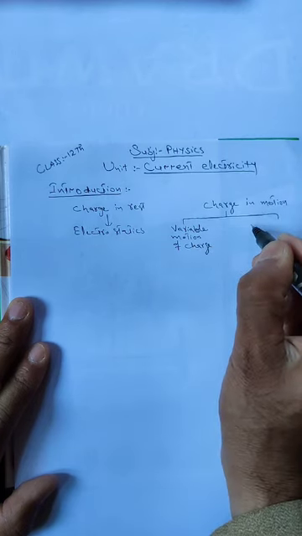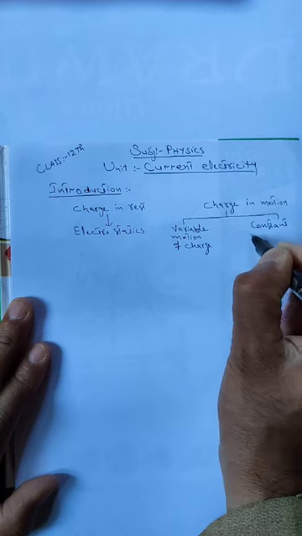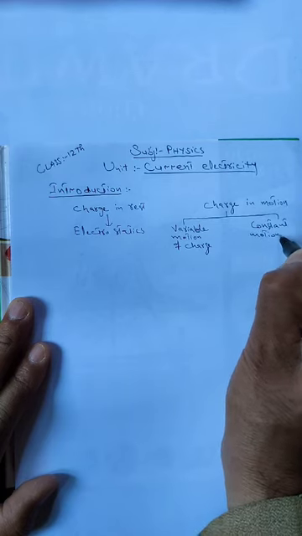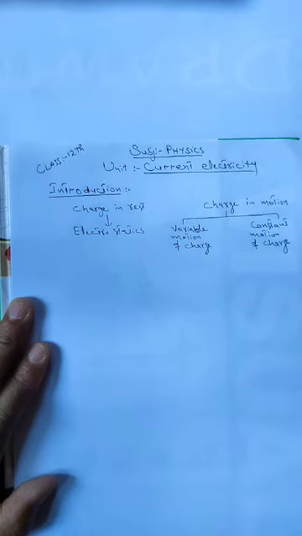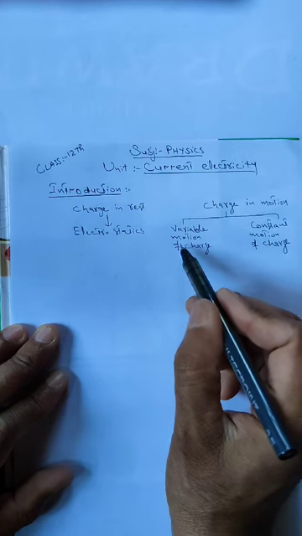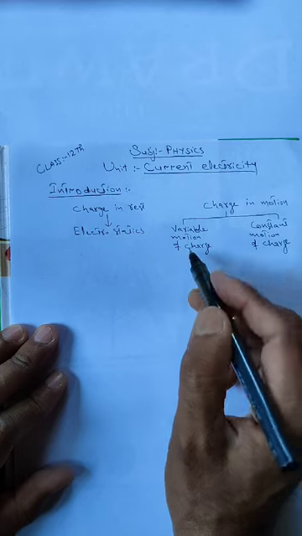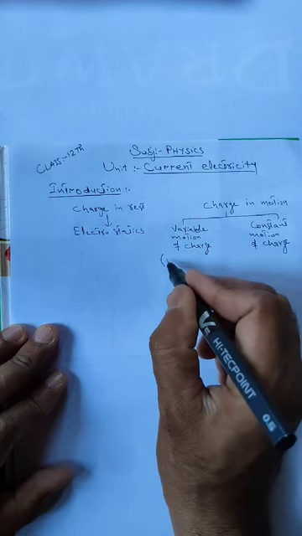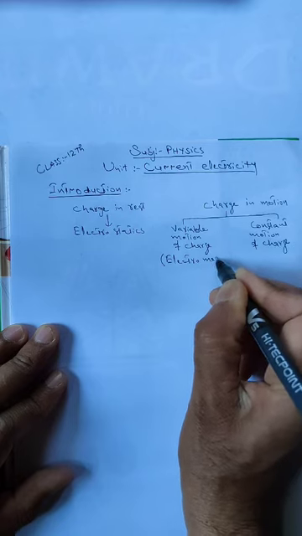Here is constant motion of charge. When charge is in variable motion, or accelerated motion, then we discuss electromagnetism.